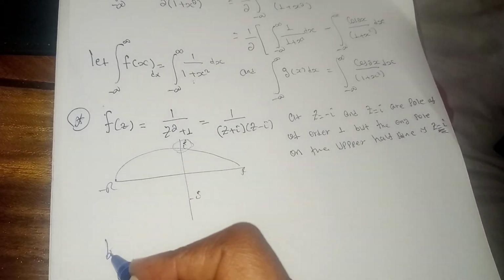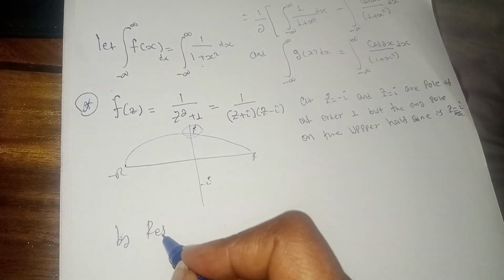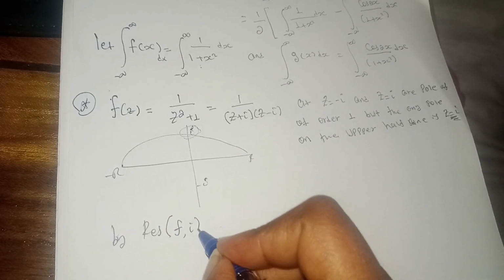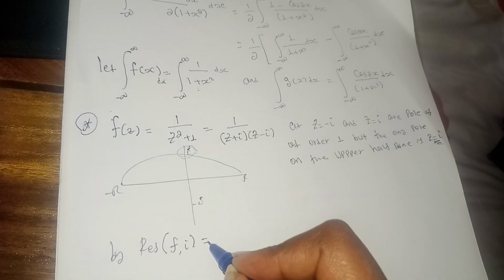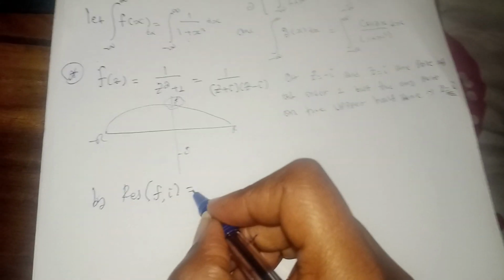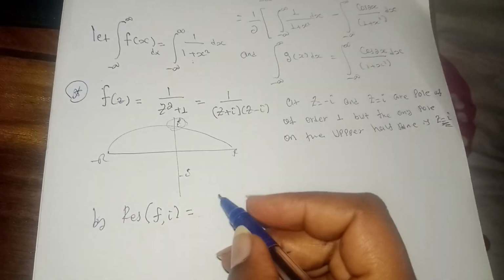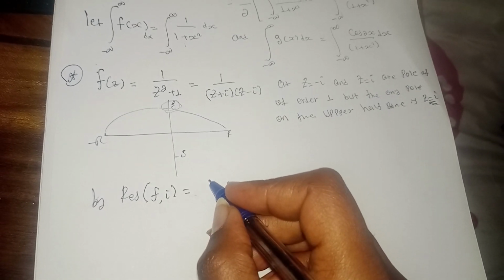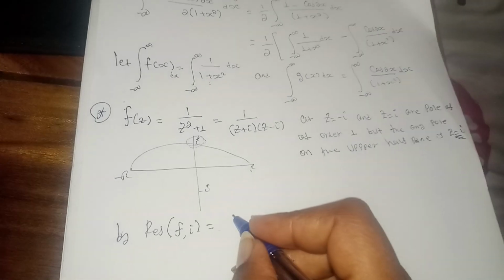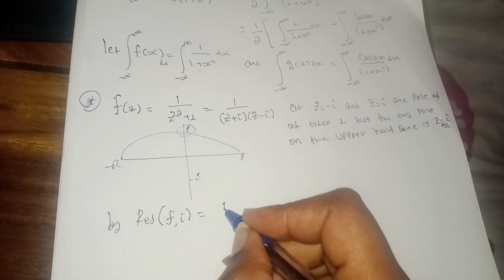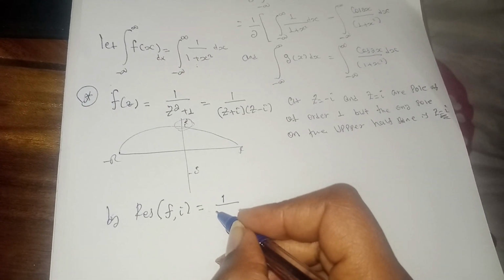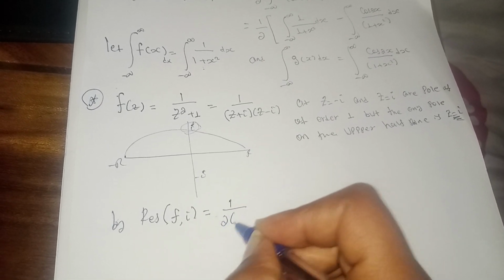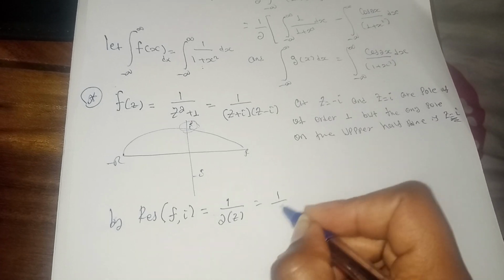So by the residue theorem, we can find the residue of f at i. Using the derivative of the denominator, which is 2z, this is 1 over 2i.